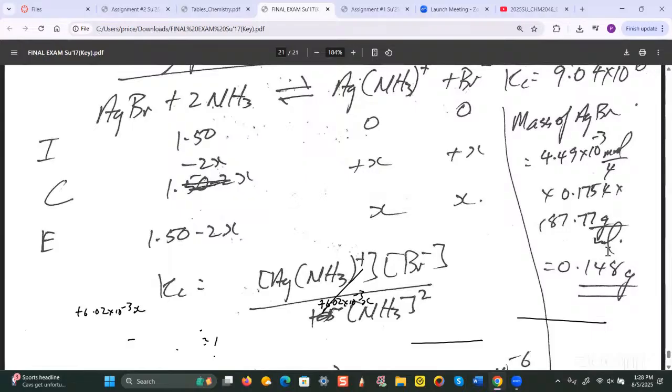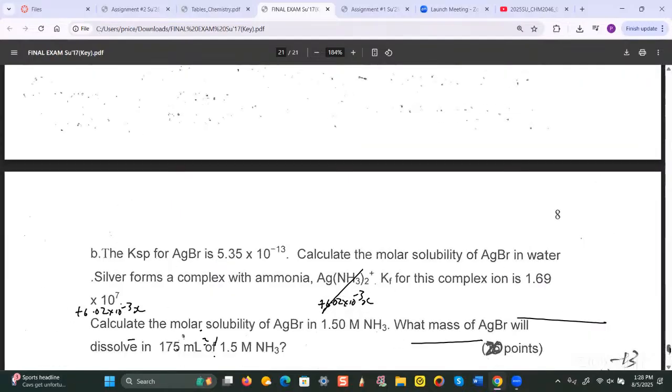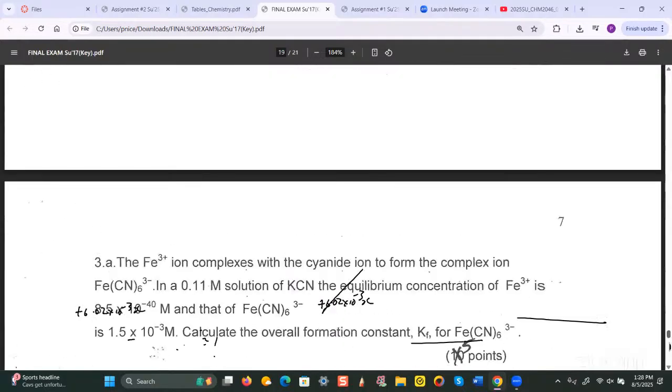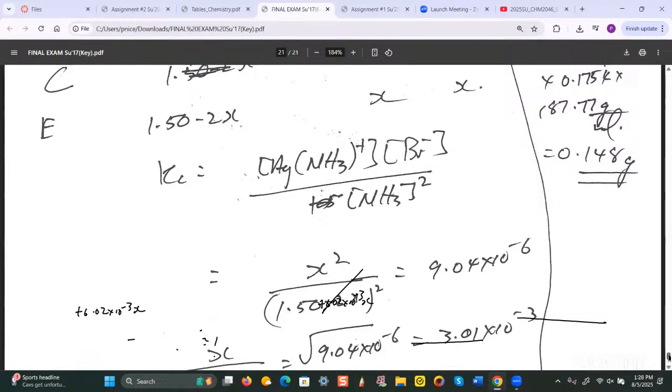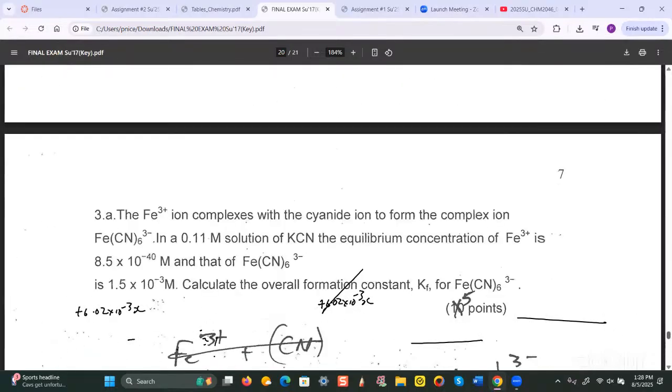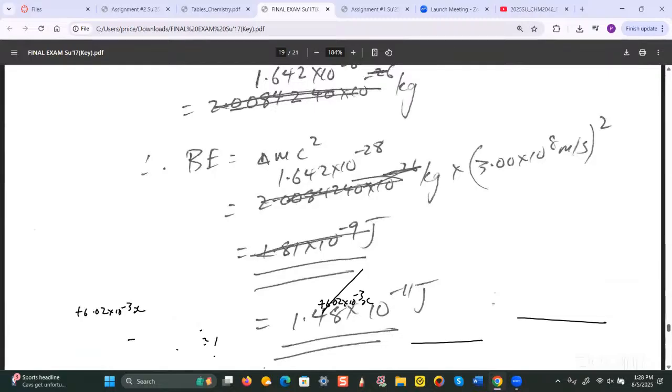Professor? Yes, sir. Could we go back to page 17 for question B, the one that we just went over? Page 17. Yeah, question B. I had another question about... Hold on.